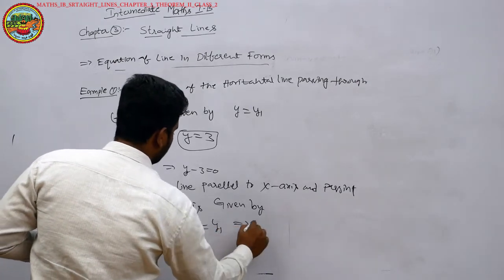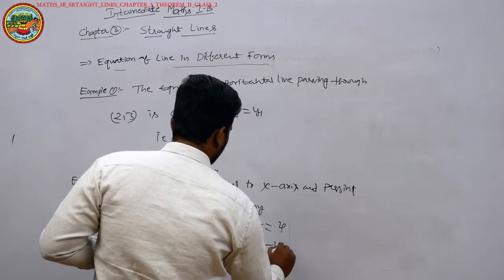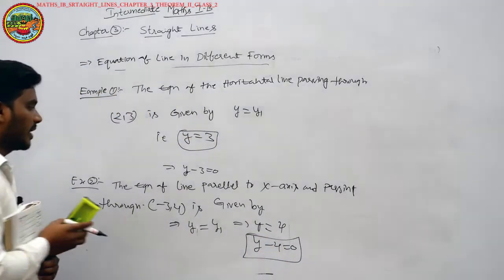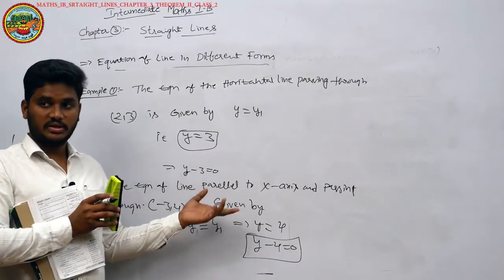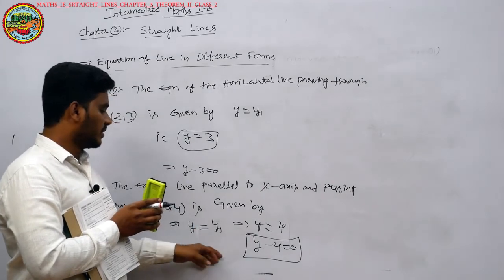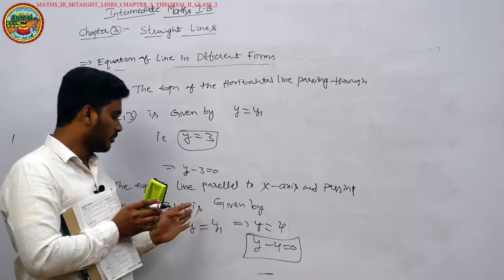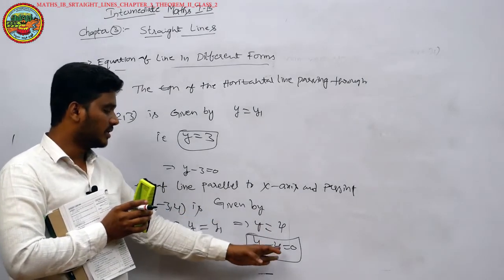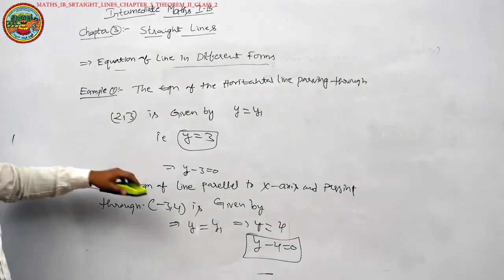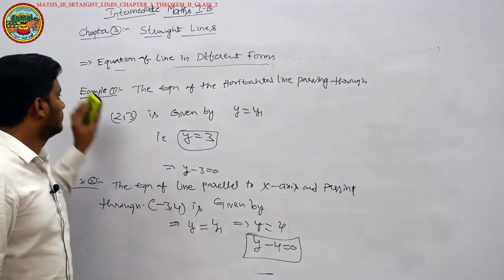Which implies y is equal to 4, y minus 4 is equal to 0. Since the line parallel to x-axis is a horizontal line, the equation of the horizontal line is y is equal to y1. Here the y coordinate of the point is 4. So substituting 4 for y1, y is equal to 4, y minus 4 equal to 0 is the equation of the line parallel to the x-axis, the horizontal line.